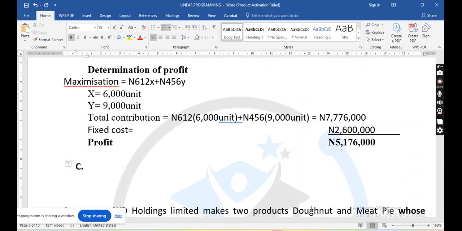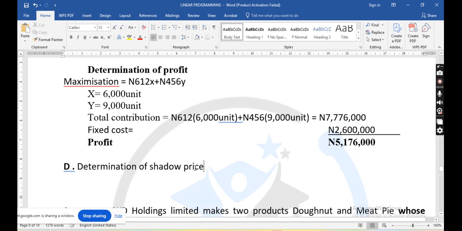This is the determination of shadow price.